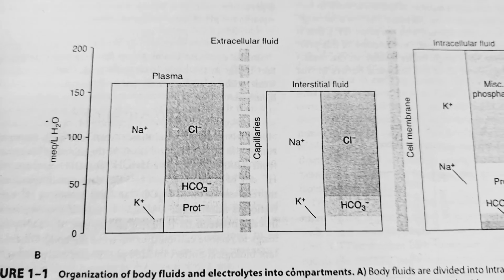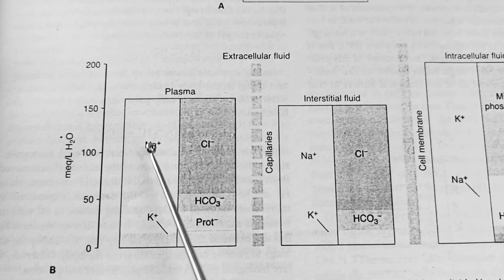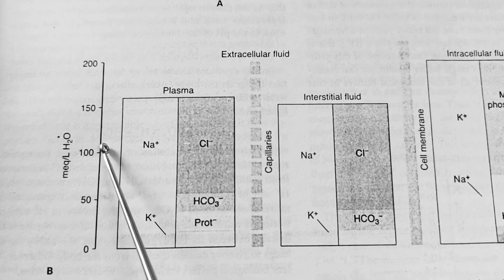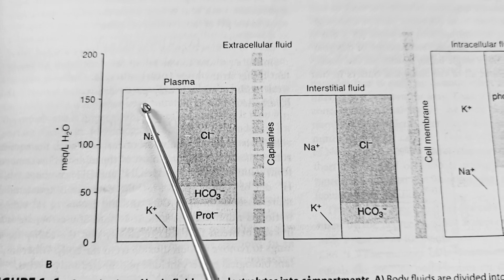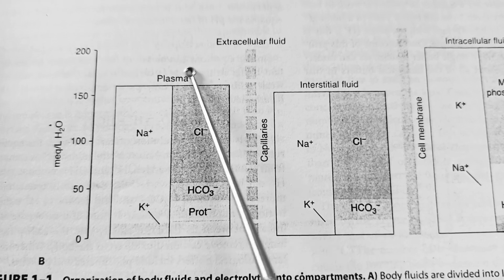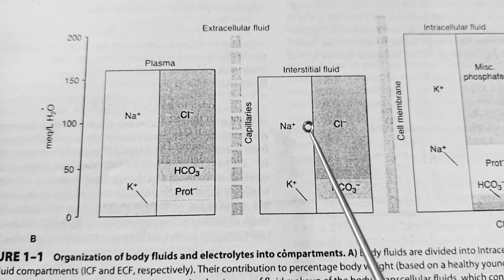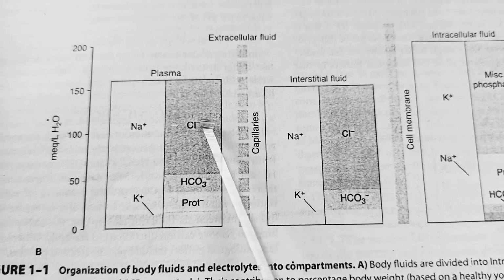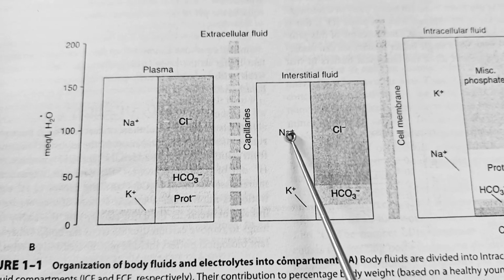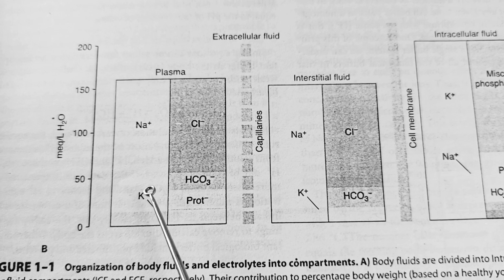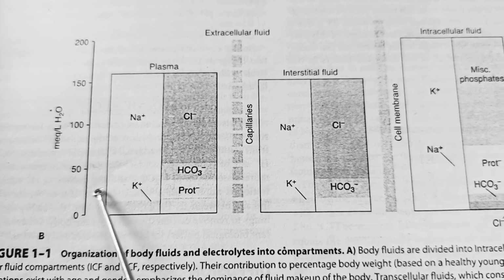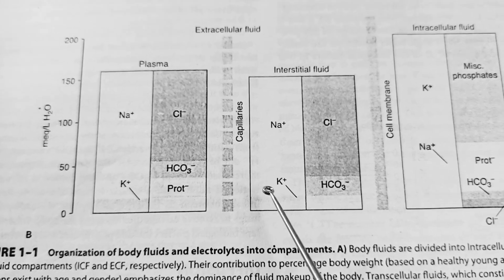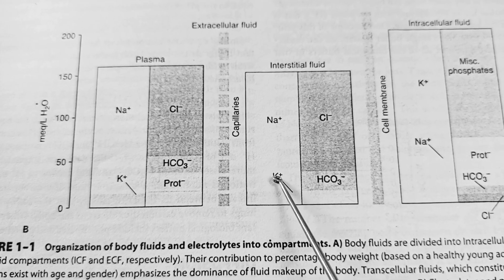In the extracellular fluid, we can see that sodium ion concentration is more, above 100, like in the plasma, and in the interstitial fluid the sodium ion concentration is also more, but potassium ion concentration is less in the plasma as well as the interstitial fluid.